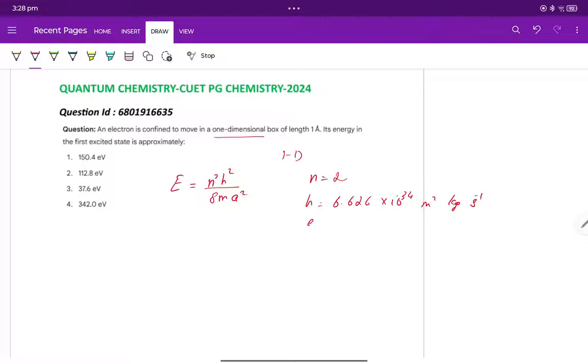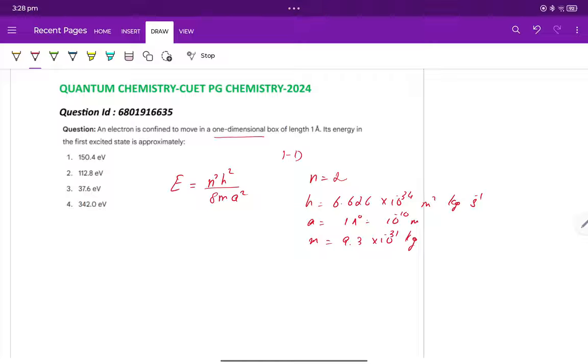And a value is in Angstrom, 1 Angstrom, which is equal to 10 to the power of minus 10 meters. And it is an electron. So electron mass is 9.3 into 10 to the power of minus 31 kg. So you can substitute these values.